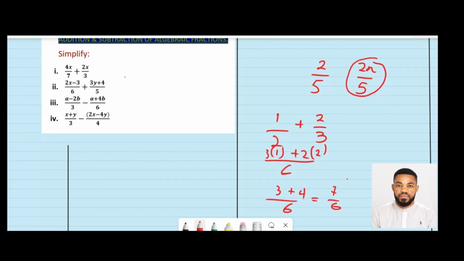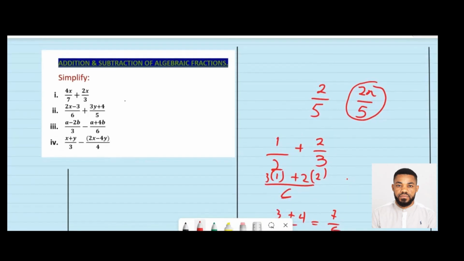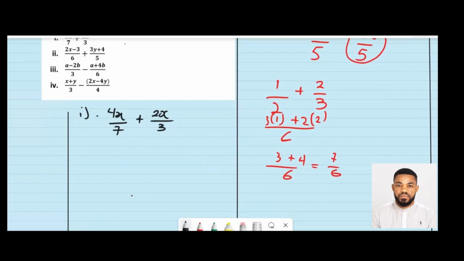So quickly, let's come to our expressions here. How do we simplify these expressions? Let's start from the first one, that is I. The expression is 4x over 7 plus 2x over 3. How do we simplify this? We have to find the LCM, and the LCM is going to be 7 times 3, and that will give us 21.